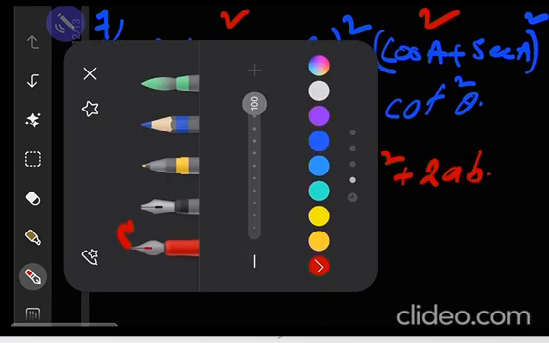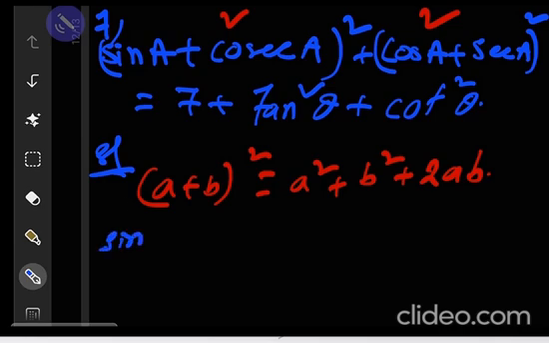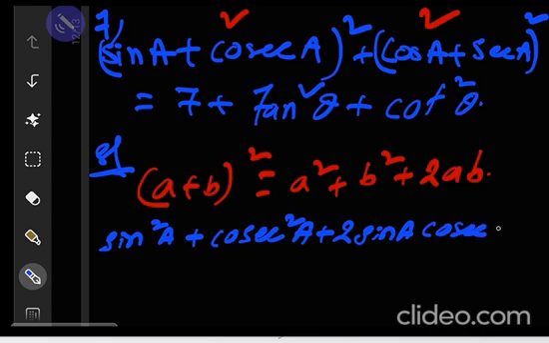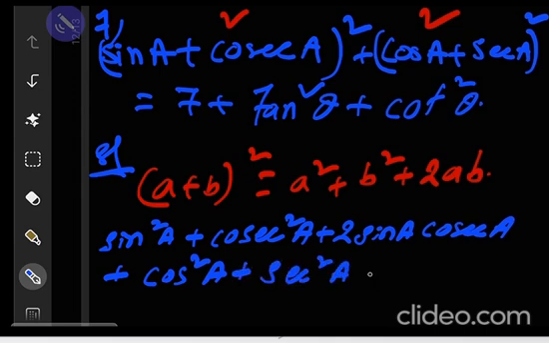So sin square A plus cosecant square A plus 2 sin A cosecant A, plus cos square A plus secant square A plus 2 cos A secant A.